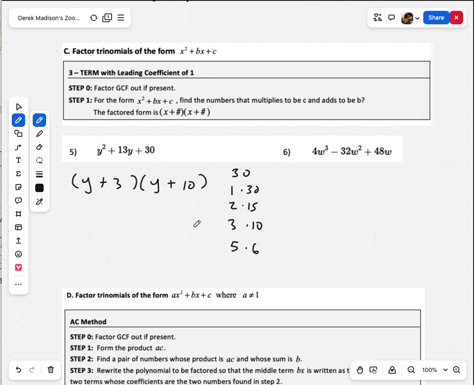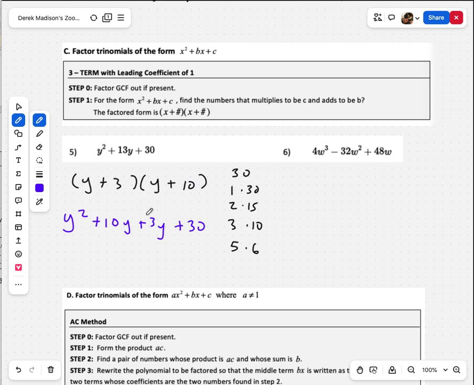The reason that we're asking those questions, multiplies to the end, adds to the middle, is if you think about if you foiled this back, y times y is y squared, y times 10 plus 10y, 3 times y plus 3y, and 3 times 10 makes 30.